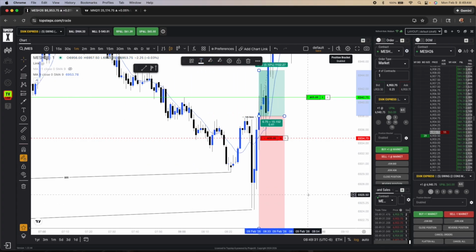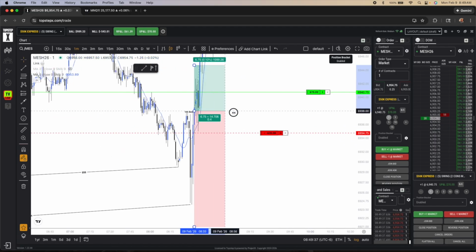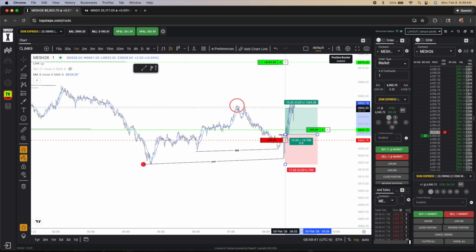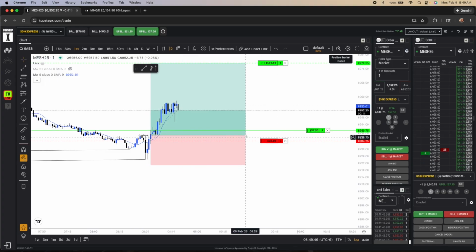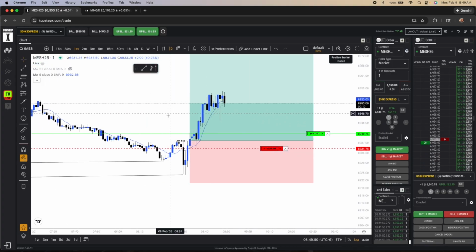And I had my stop loss below the SMT or the sweep. And then my first take profit was right here. And then I have the second one right here. So that kind of breaks down my thought process behind there.